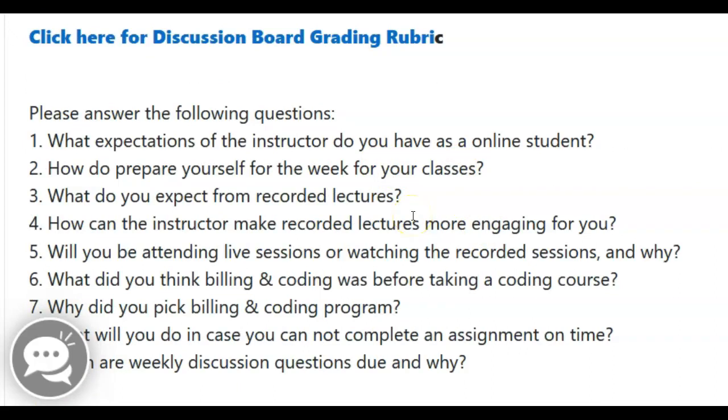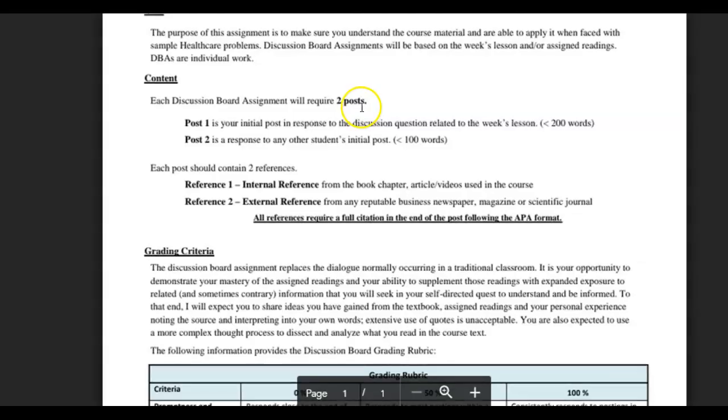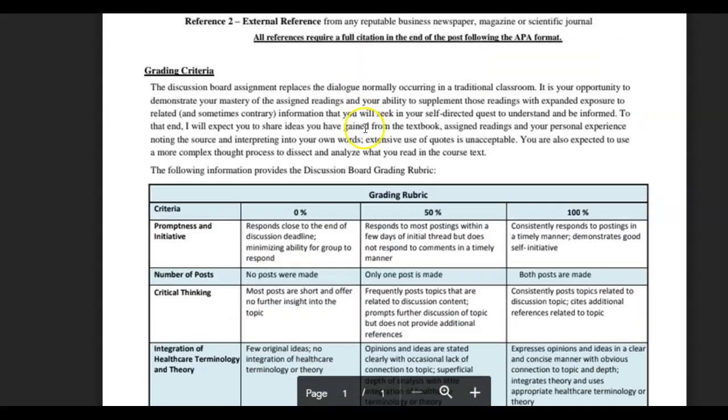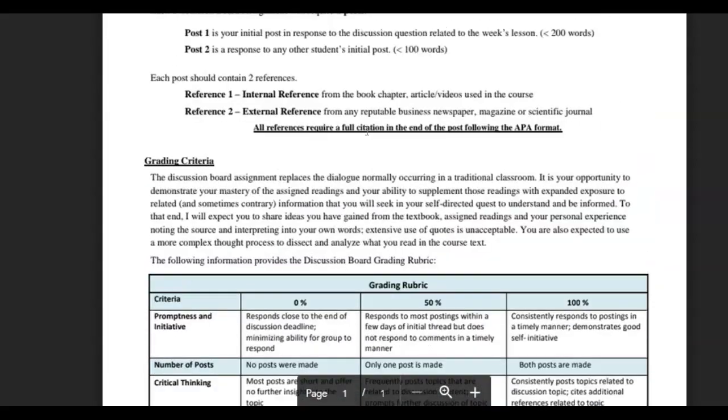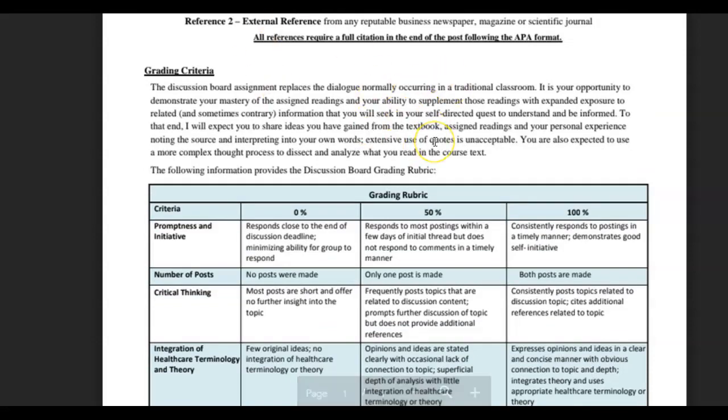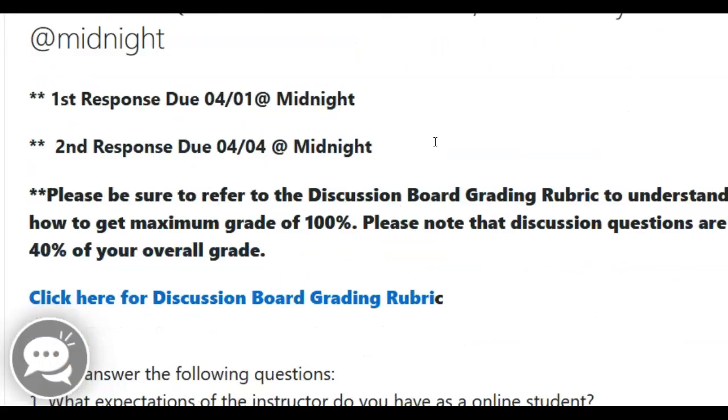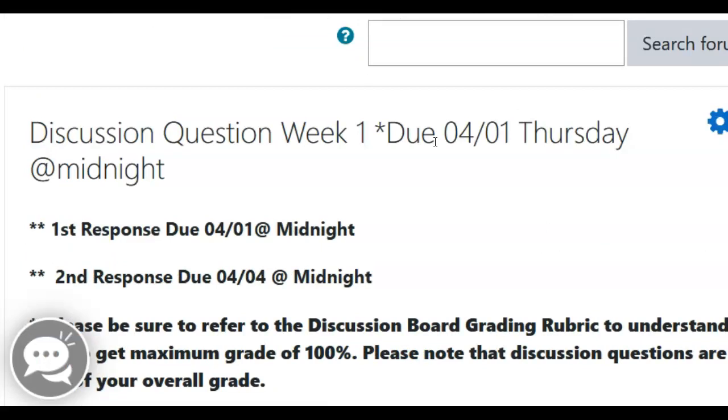Make sure you click here to view the discussion rubric and how to get the maximum grade for these assignments. If you're not sure how to get the maximum grade, make sure you review this. And keep in mind that these discussion questions, along with the cases that I give you as a grade for the lecture-guided assignment, are worth 40% of your grade.